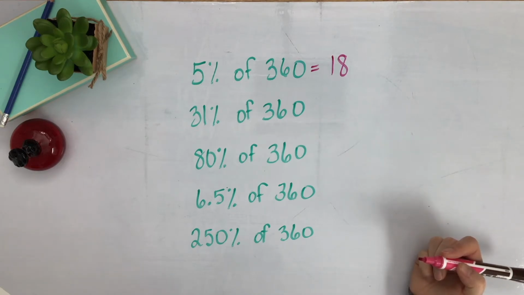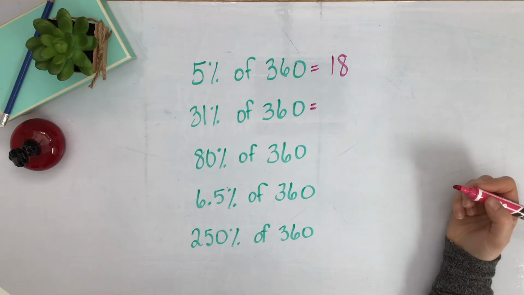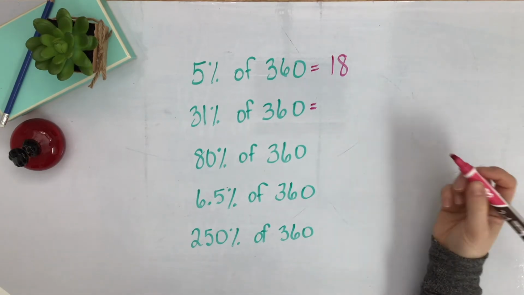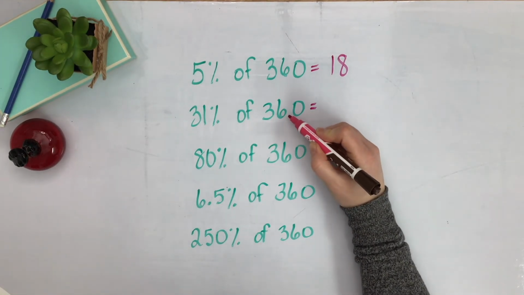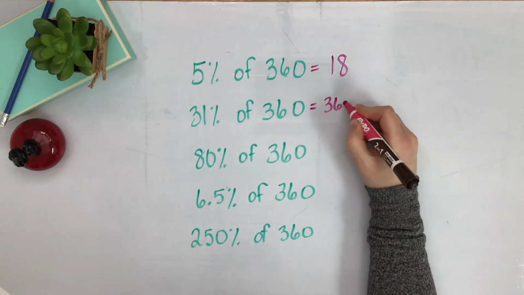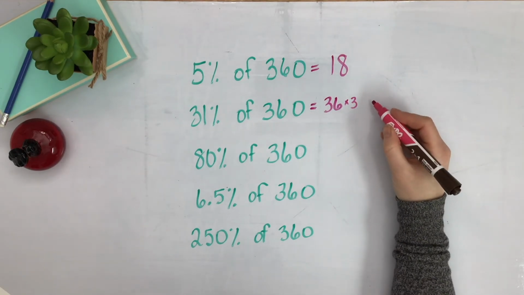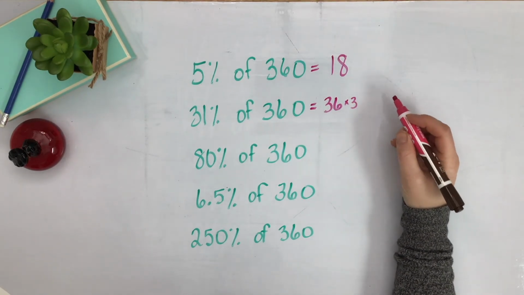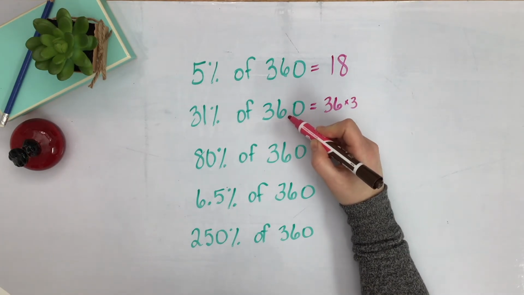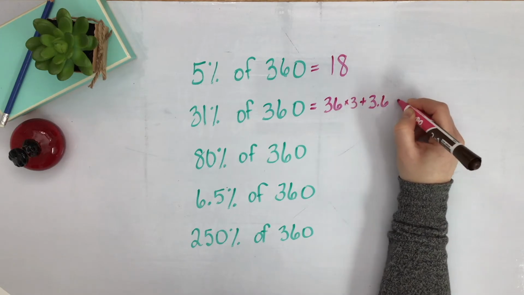To find 31%, I'm going to build that using a 10% and a 1%. So again, 10% of 360 was 36. So I'm going to need 3 copies of that. And then I'm going to have to add 1% onto that. 1% of 360 would be 3 6/10.